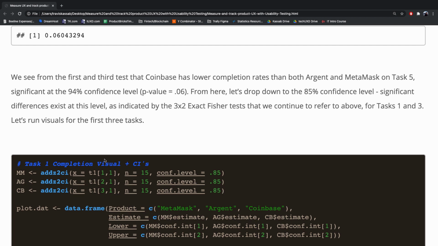We don't need to be super certain about these results. This is what we get when we have an n of 15 for each group. So let's decrease the confidence level to 85 so we can take some of these slightly higher p-values that we saw above as significant.